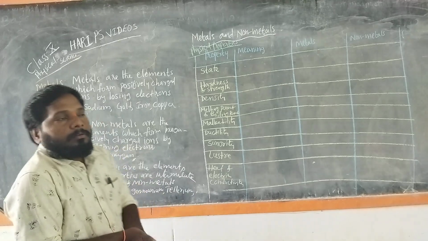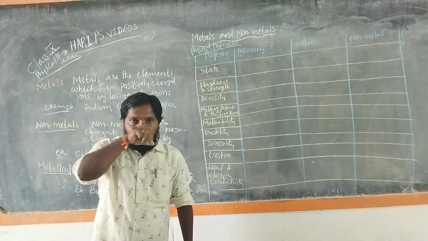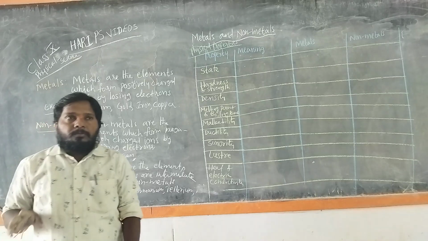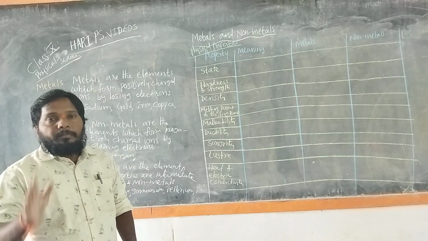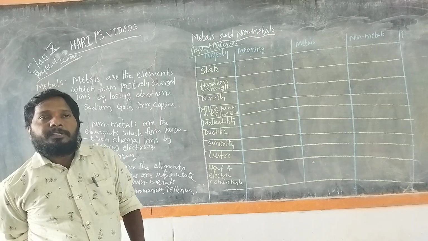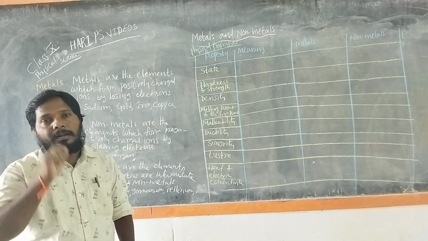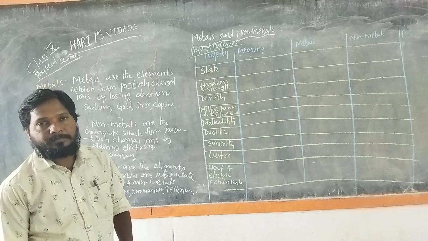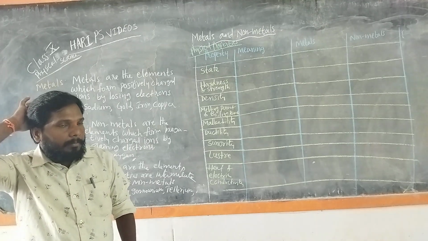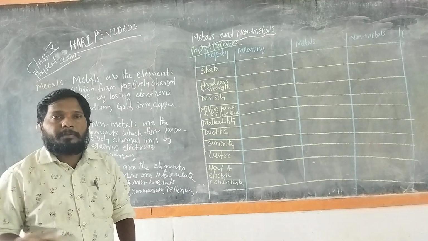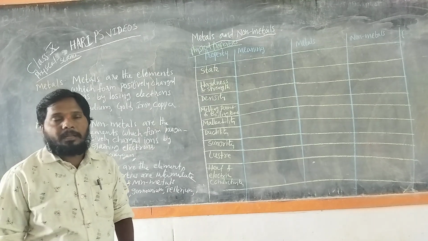There are 118 elements, mainly classified into two categories: metals and non-metals.